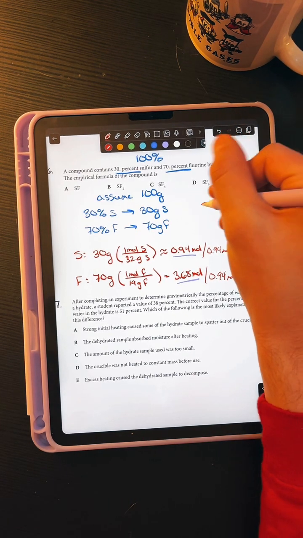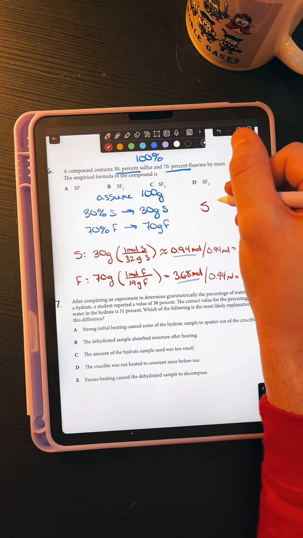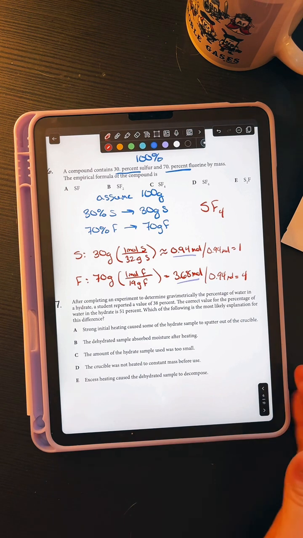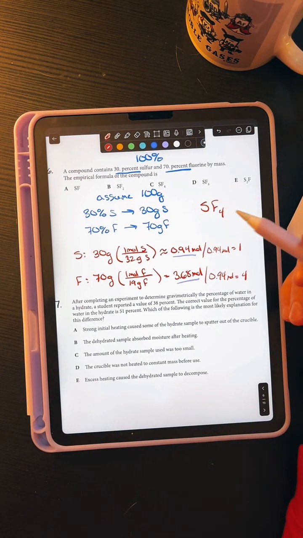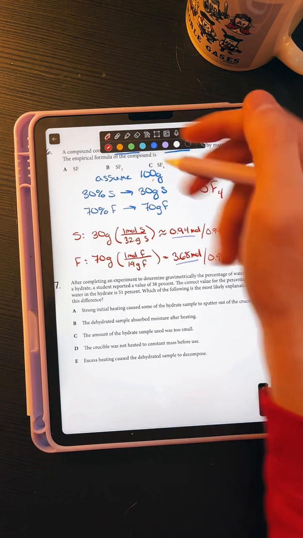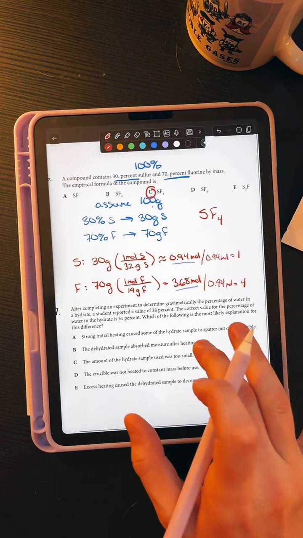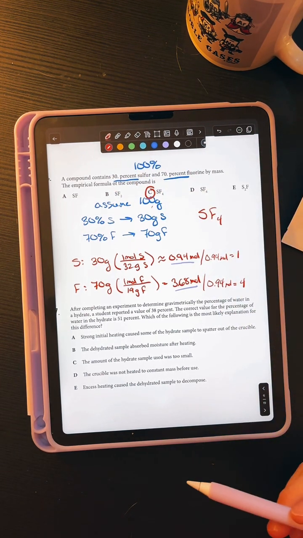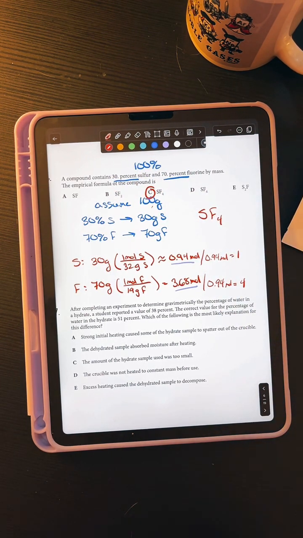So if we were to write this, we would have S1, F4, and that is our empirical formula, which is choice C. So whenever we're given percentages that add up to 100%, we can just go ahead and assume 100 grams.